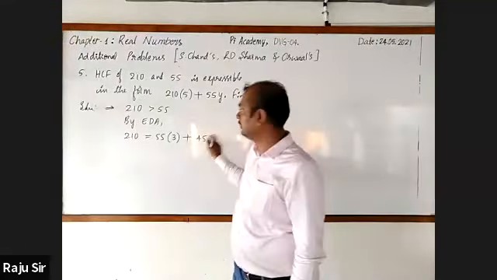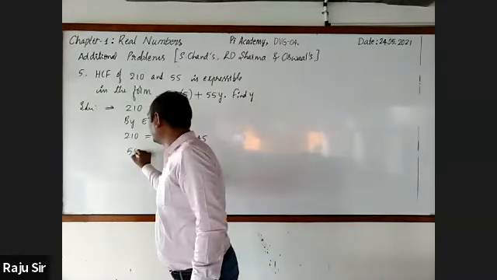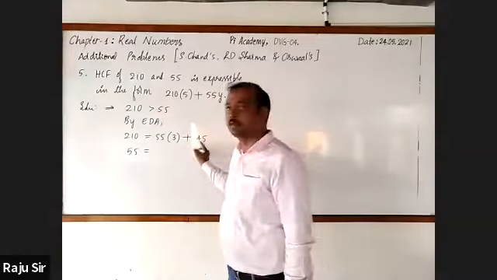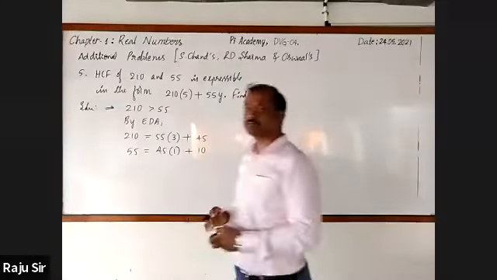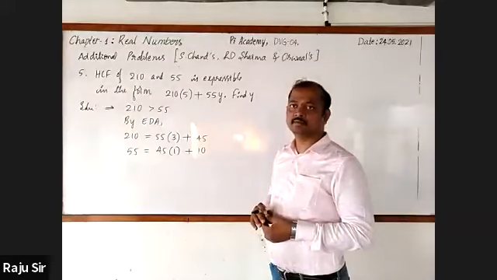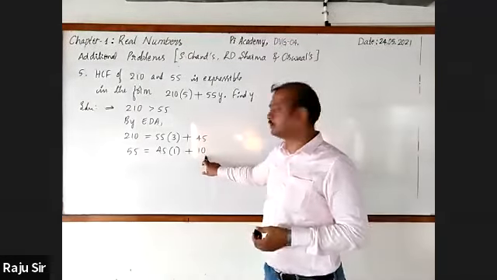Continue to divide. 55 is equal to 45 times 1 plus 10. Again, the remainder is not equal to 0.